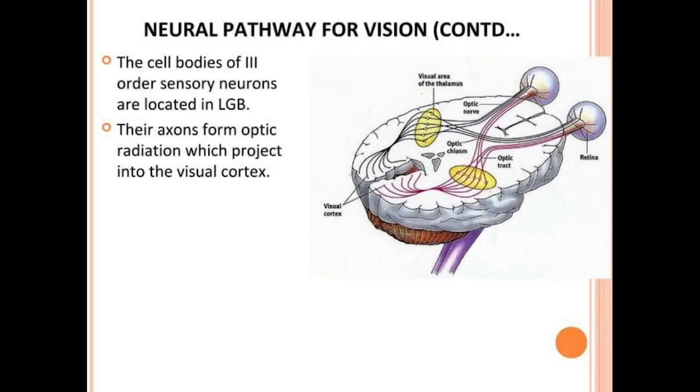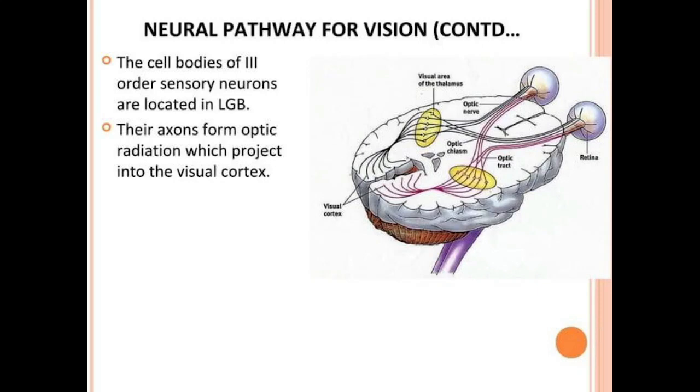The cell bodies of these neurons are located in the nucleus, where they receive and process visual information. The neurons then send visual signals to the visual cortex, where they are further processed.